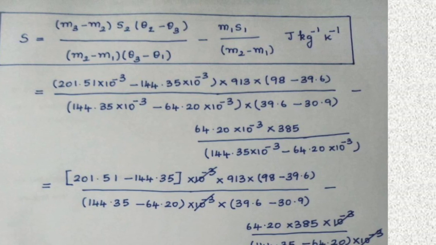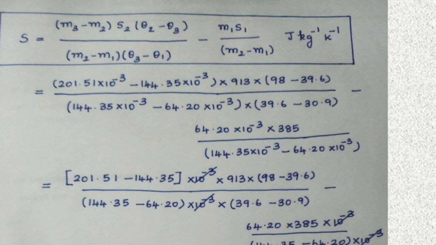Next, we are substituting all the values here. M3 equal to 201.51 into 10 power minus 3, minus M2, 144.35 into 10 power minus 3. S2, the specific heat capacity of the hot solid, is 913, into theta 2, 98, minus theta 3, 39.6.